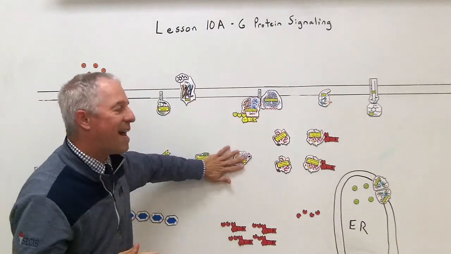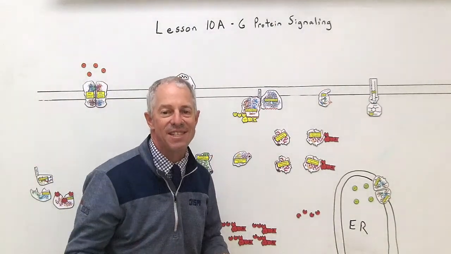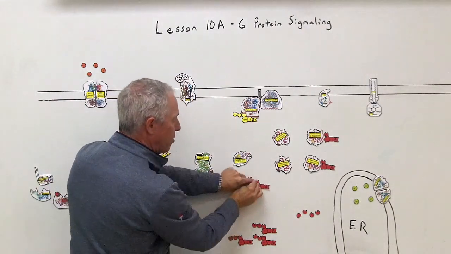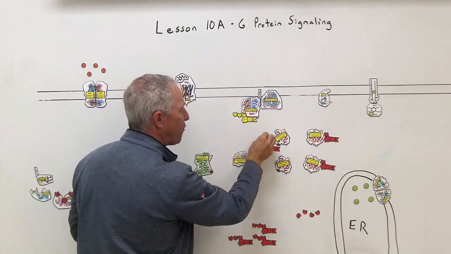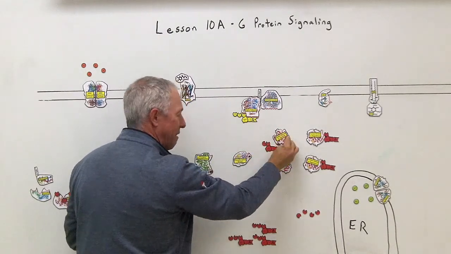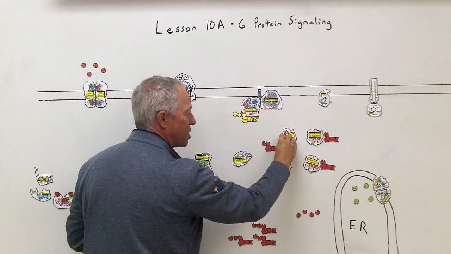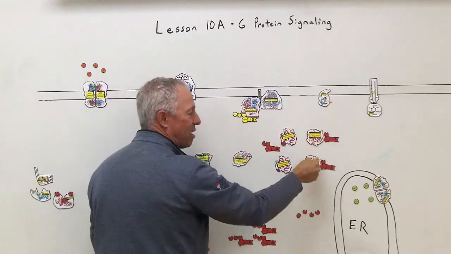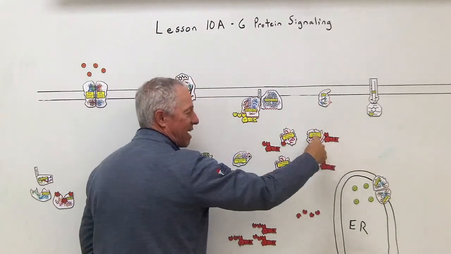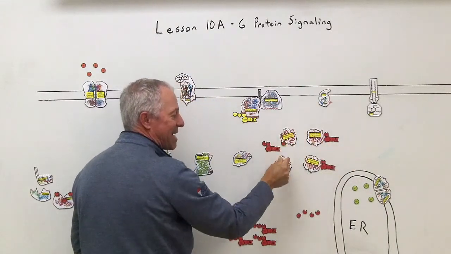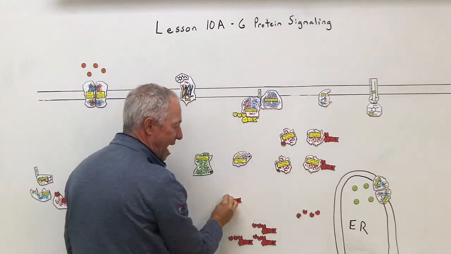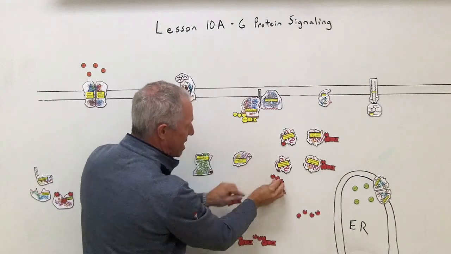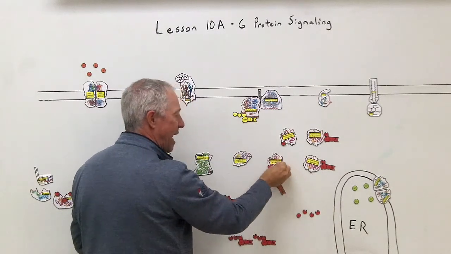What occurs next is called a phosphorylation cascade. ATP molecules will be used to phosphorylate the catalytic portions of the protein kinase A. Protein kinase A has regulatory portions that the cyclic AMP attached to, and it has catalytic portions that are phosphorylated by ATP and become active.